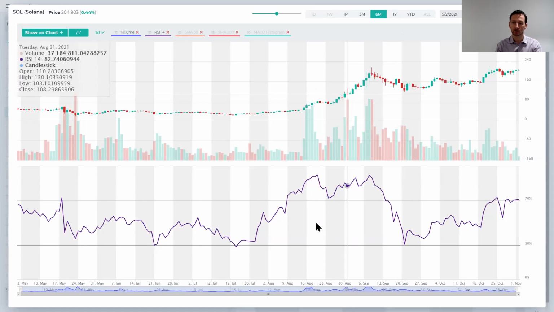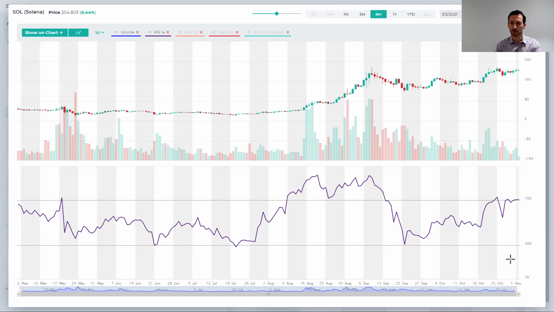On the top part of the chart is the daily candlestick chart over the last 6 months, along with the volume. On the bottom part of our chart composition is the RSI indicator. And as you can see, it oscillates. The key zones that we have marked here are 30% and 70%, but otherwise the full scale is from 0 to 100.